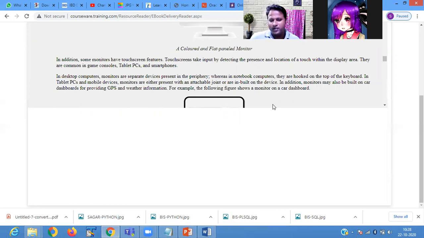It is bigger in size. Now we are using LCD, liquid crystal display technology, so the screen, the behind part of the monitor, is reduced.